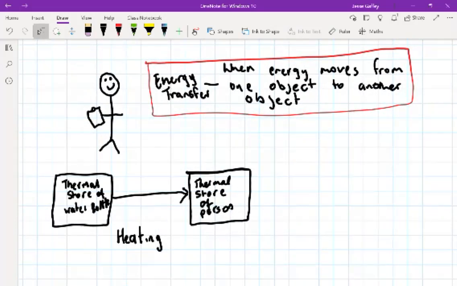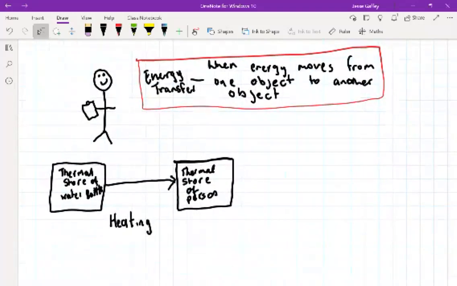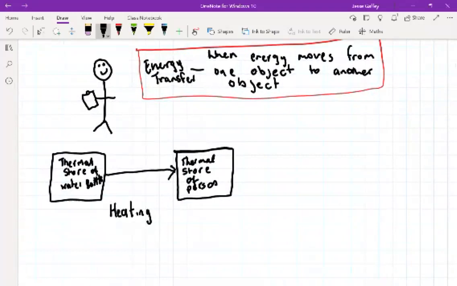If you held that, eventually it would feel really, really cold because all the energy would be moving from you to the bottle of ice. That's because energy always moves from hotter objects to colder objects. When energy moves from one object to another, we call it heating. So heating is the first type of energy transfer.